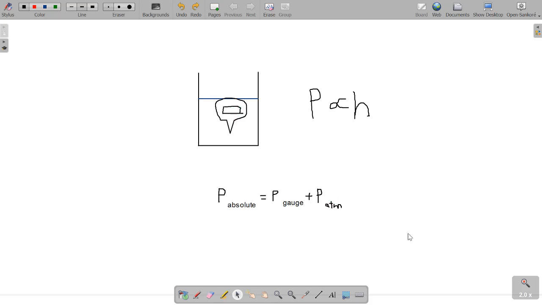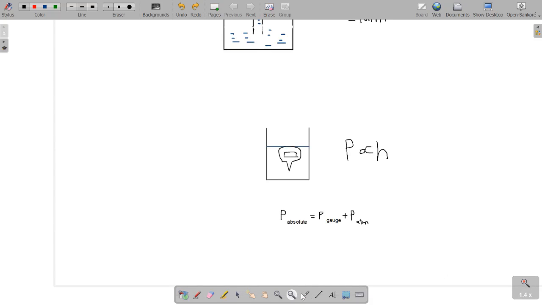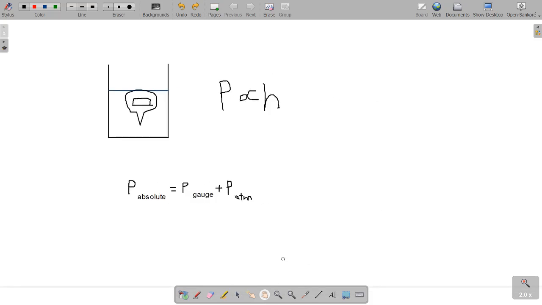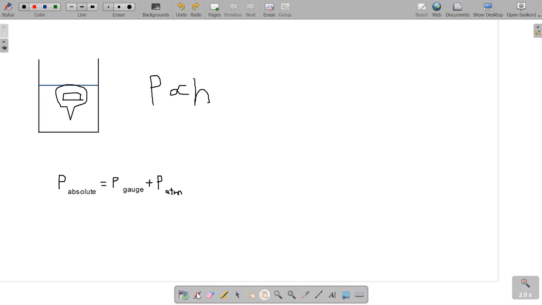So why do we normally use gauge pressure instead of absolute pressure, since absolute is technically more correct? It's more for practical reasons. Let's say I have a deflated balloon.